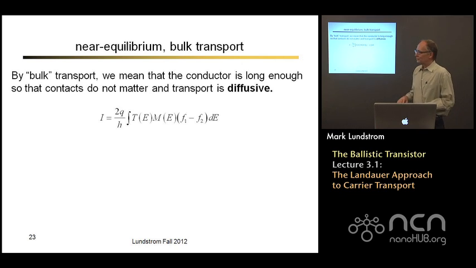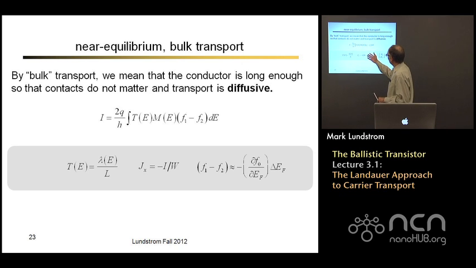Okay, so if we want to analyze this device, we can apply our Landauer expression. We can use the transmission in the diffusive limit because this is a long diffusive sample. I can calculate the current density. Now we should define current density as positive in the plus x direction, so I'll account for that sign change.